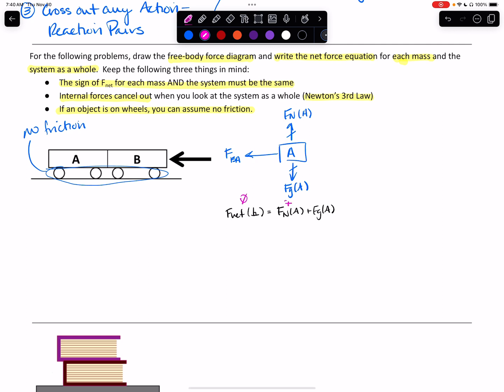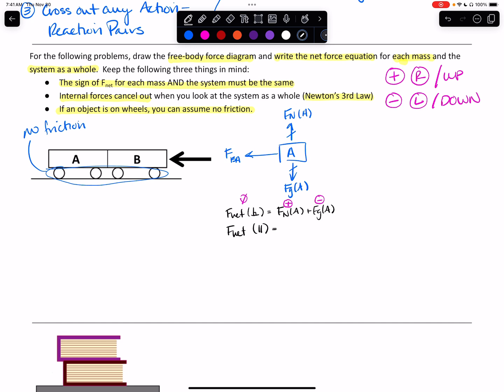We have a positive sign for our normal force and a negative sign for our gravitational force, because remember, our positive forces are to the right and up, and our negative forces are to the left and down.